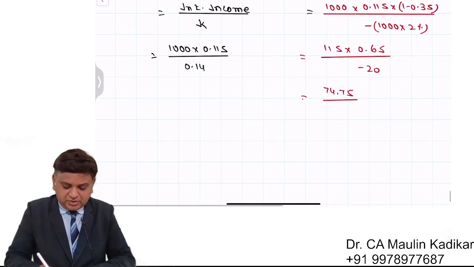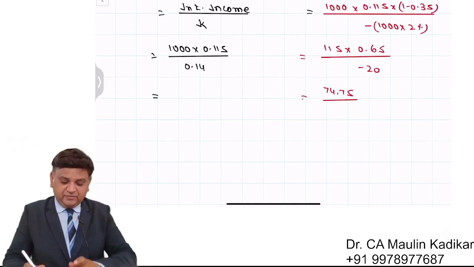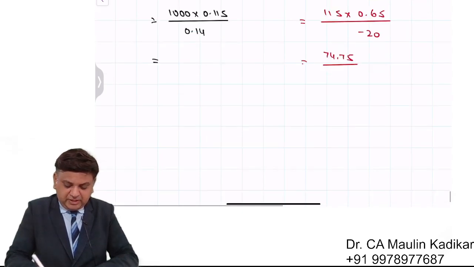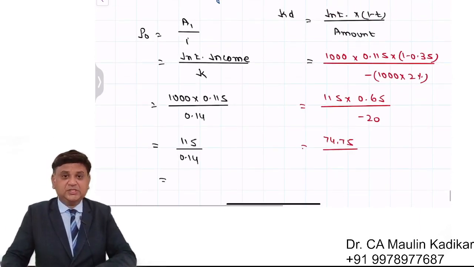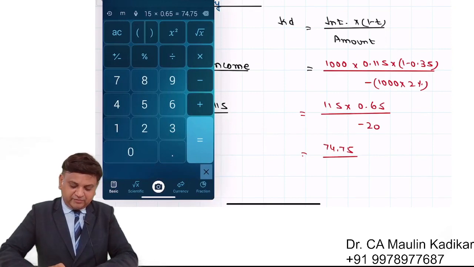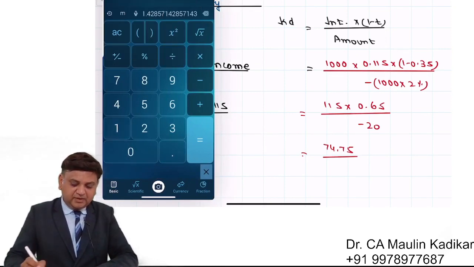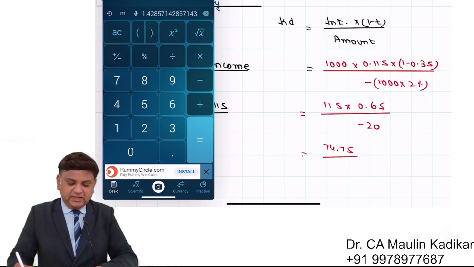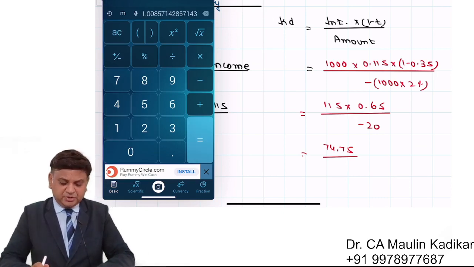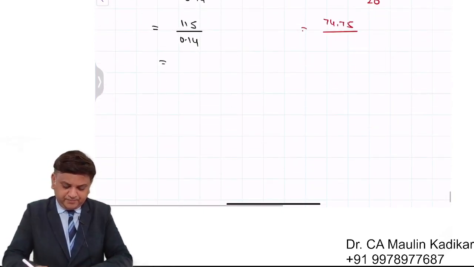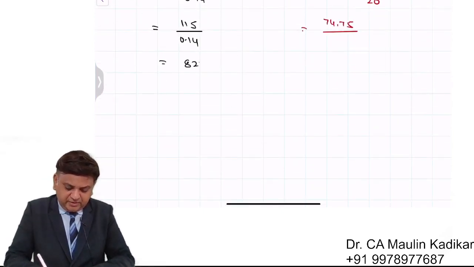Because investor is going to receive rupees 115 from end of year 1 onwards for perpetuity, and the same is discounted in present value term in order to make the calculation of the price at which the security will be issued. So 115 divided by 0.14. That is the way we'll compute the issue price of the security. It is 821.43.